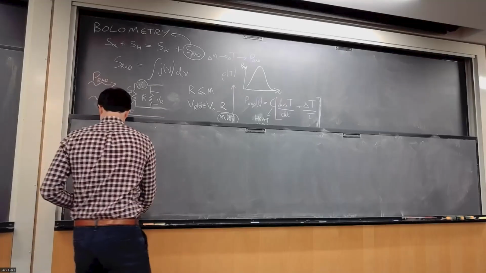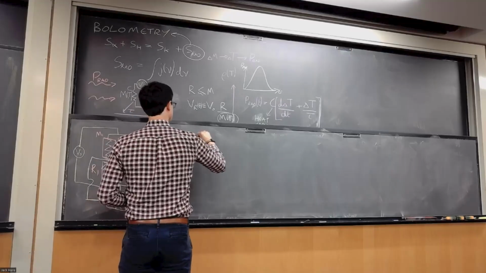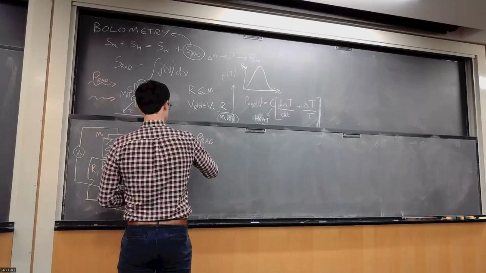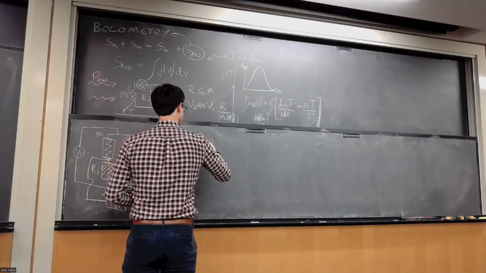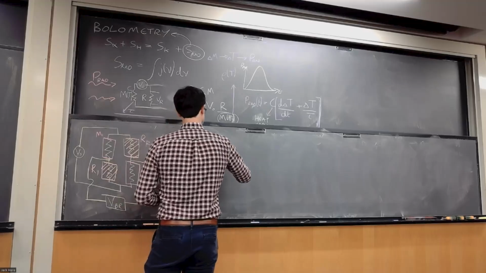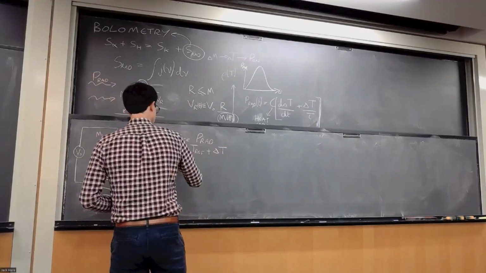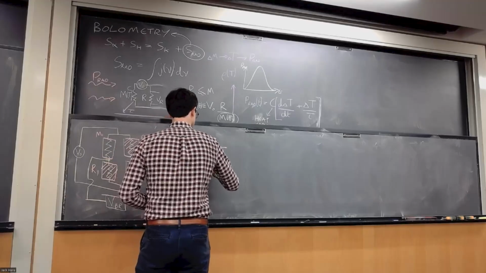So these measurement resistors, they see the radiated power P rad, and their temperature is equal to the temperature of the reference resistors plus a change in temperature due to radiation. Whereas the reference resistors just have a temperature which is equal to the reference resistors.